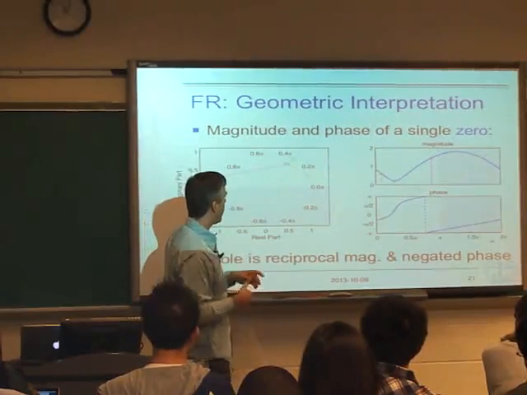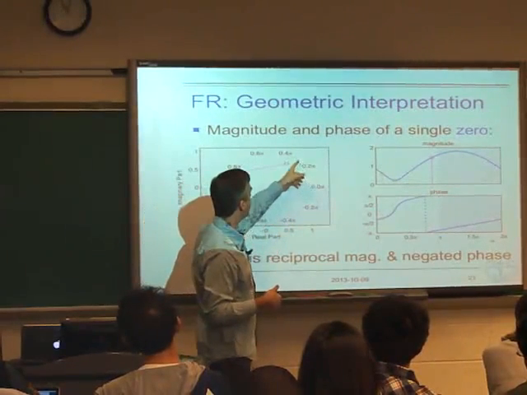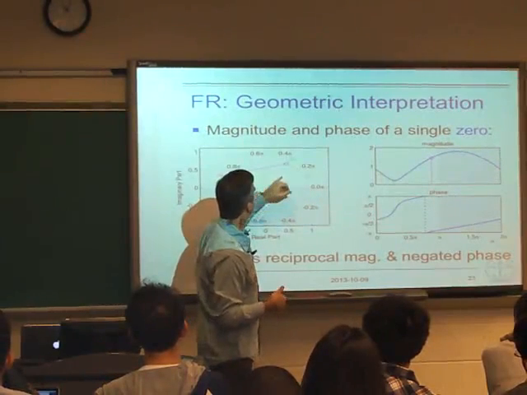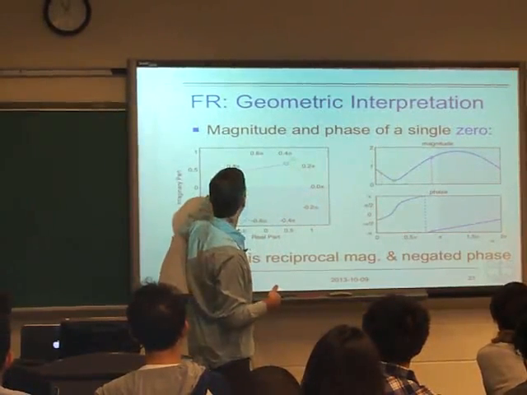And so that's what's going on here. Here is the z-plane. Here is e^{jω} for three different values of ω: 0.1π, 0.3π here, and 0.9π.